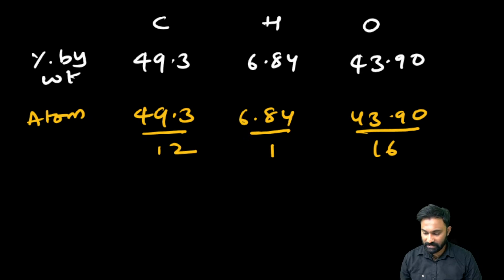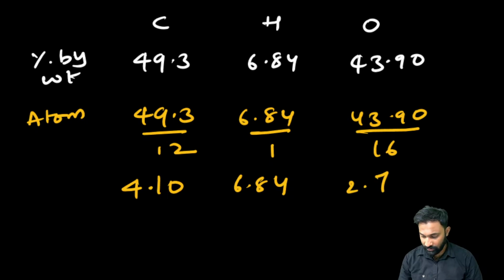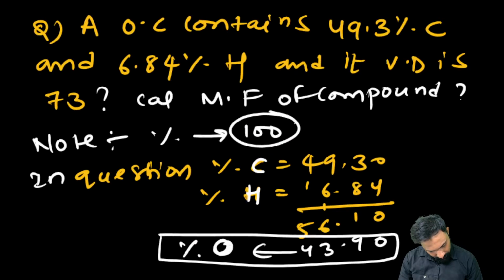It will give you approx 4.110. This one will give you 6.84. And 43.90 by 16 will give you 2.74.